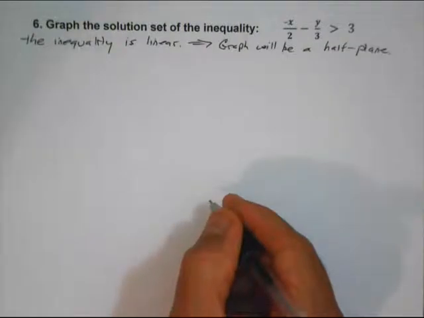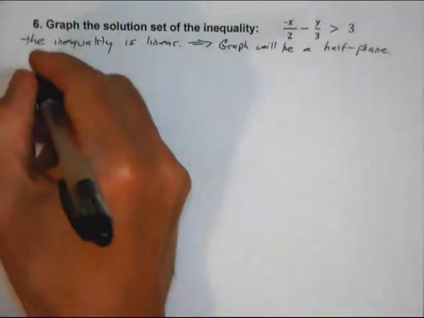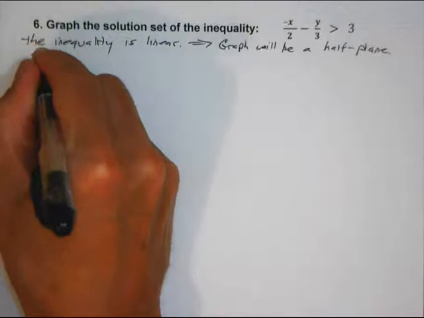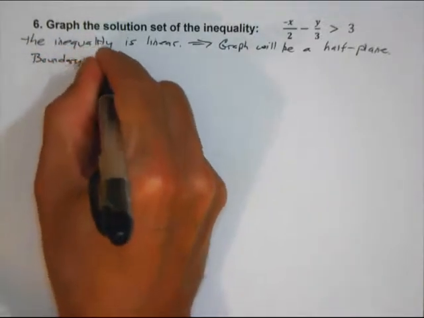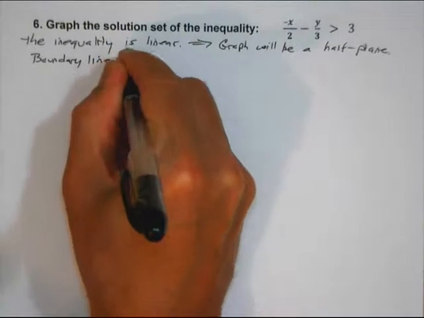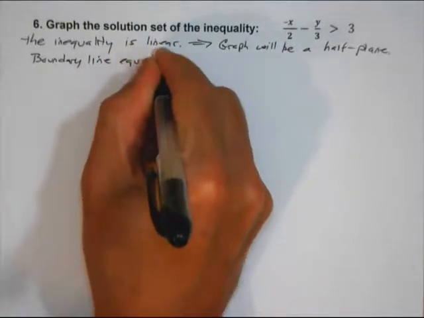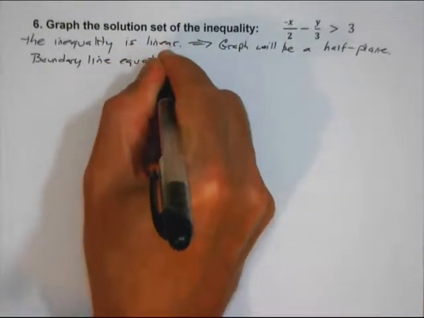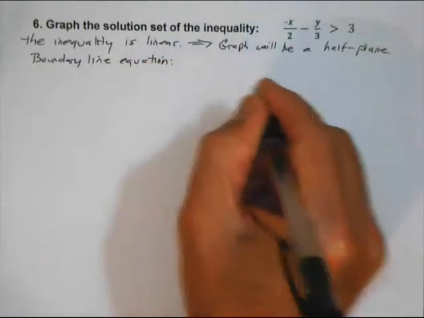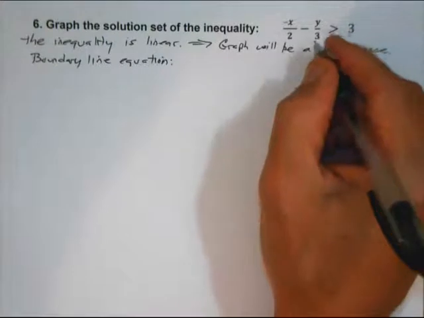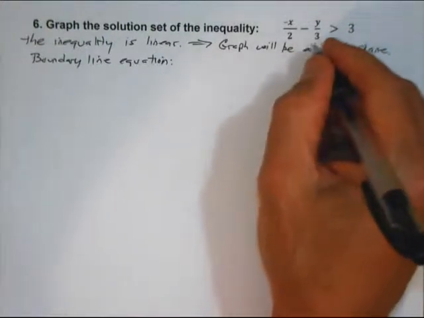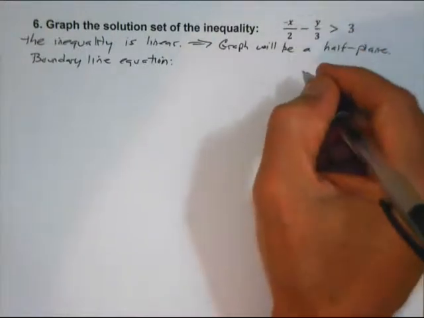Okay, so to get our half plane going, we should consider the boundary line equation. And then when you look at this inequality, you might decide, a number of fractions and a number of negative signs.